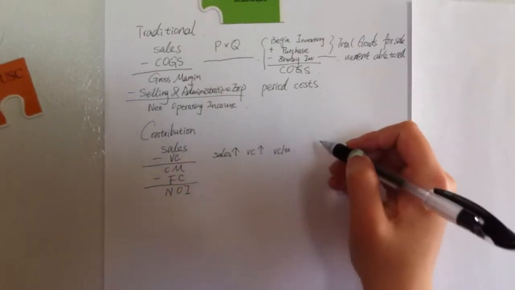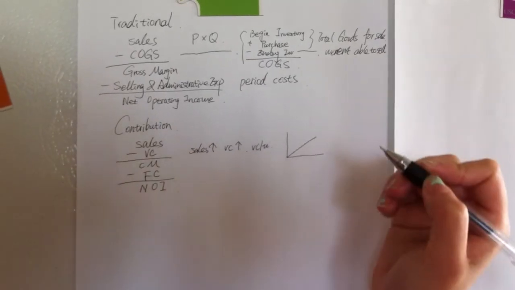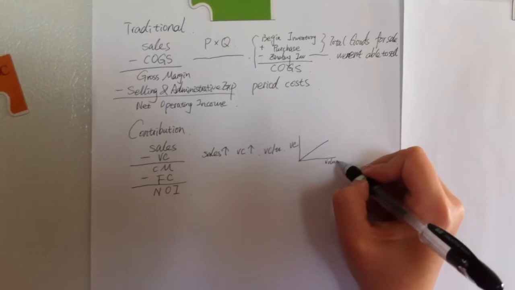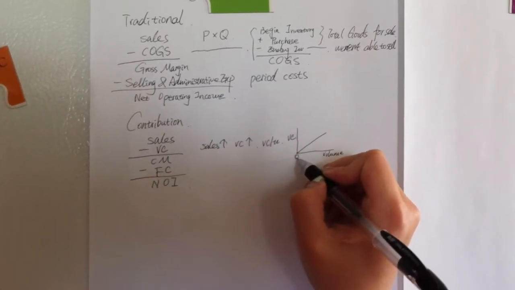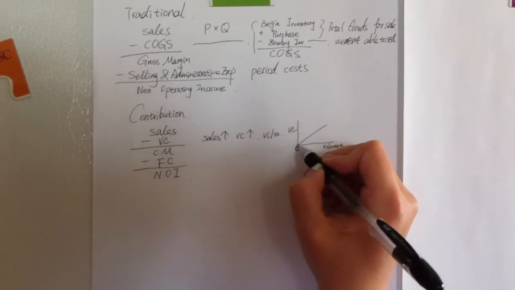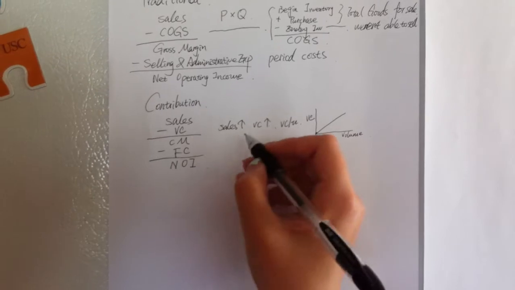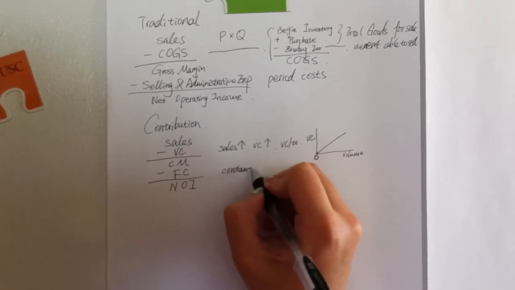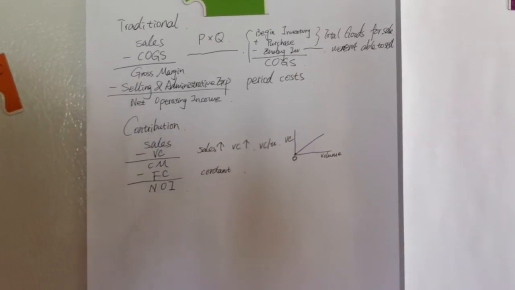So if we represent that on a graph, the graph will look like this. This is the total variable cost, and this is the volume of goods sold. When there's no goods sold, in other words, if it's 0, then variable cost equals 0. Now, fixed cost. Fixed cost is basically constant, no matter how much goods you sell.